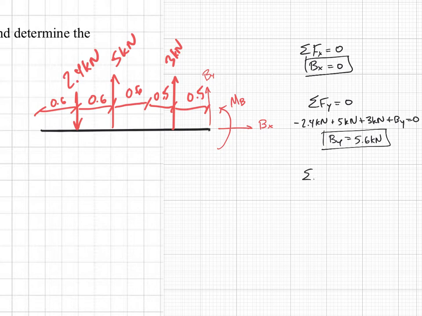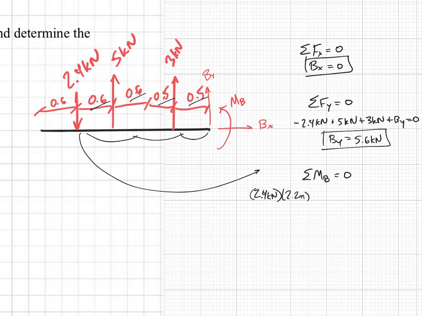Okay, and then the sum of the moments at B equals 0. I've got this 2.4 kilonewtons. What's that total distance? A half plus a half is 1, then 1.6, 2.2. And that's going that way, so that's a positive moment. Then I've got that 5 kilonewtons. There's its moment arm, which is a half plus 1.1, so it's 1.6 meters.